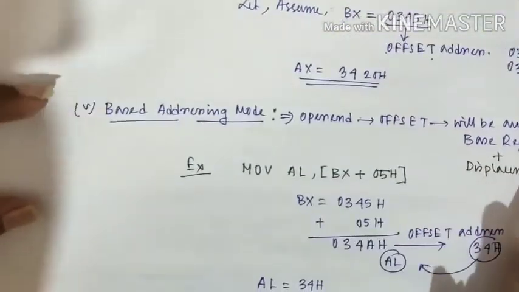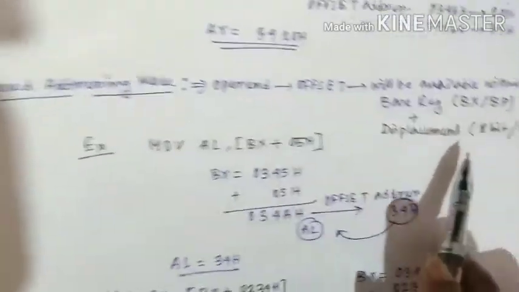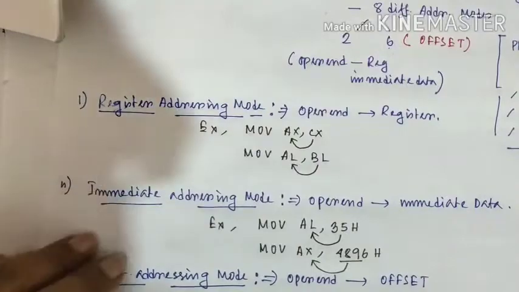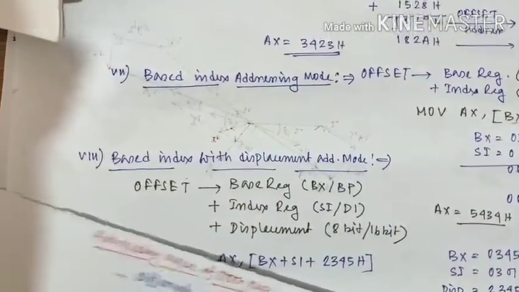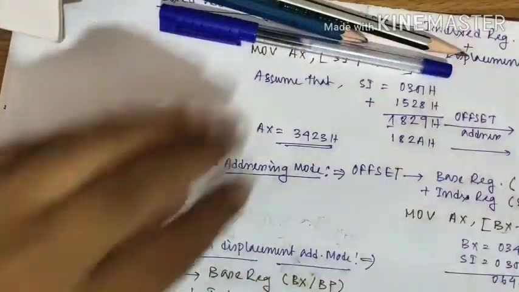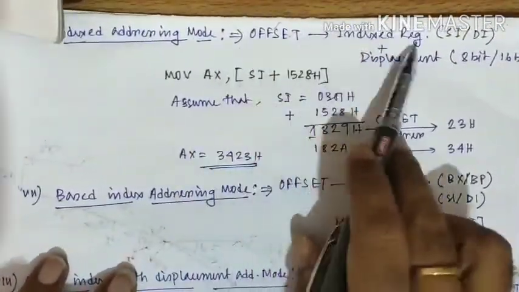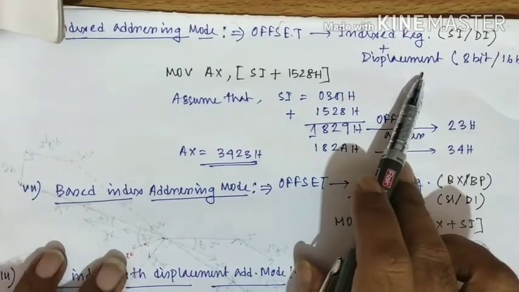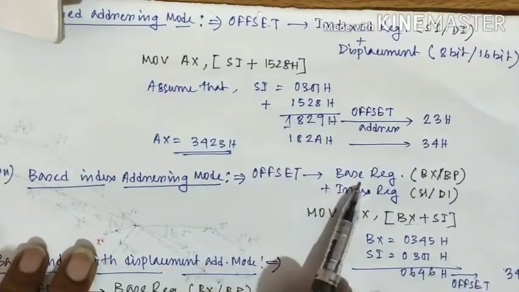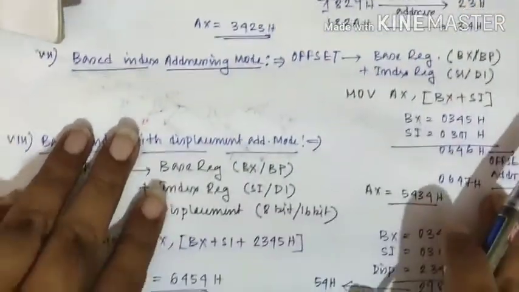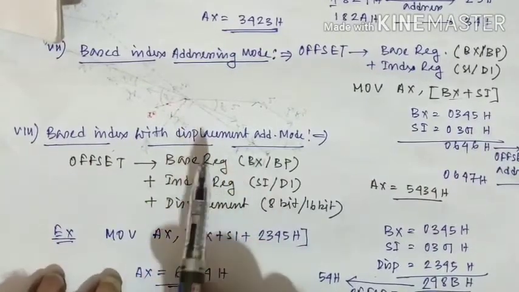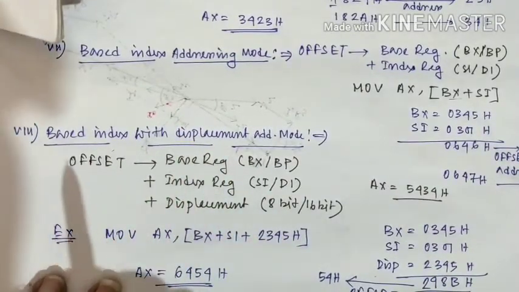Then the offset was the combination of base register plus displacement. Then the combination of index register plus displacement. Then the combination of base register plus index register. And the last one, the combination of base, index and displacement.